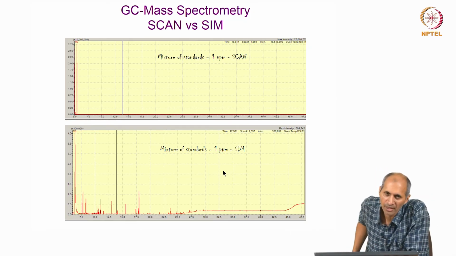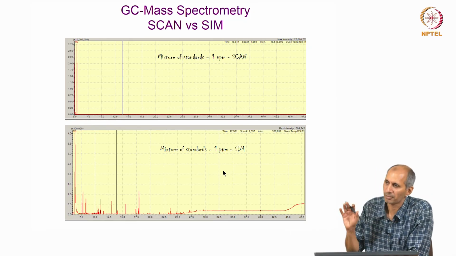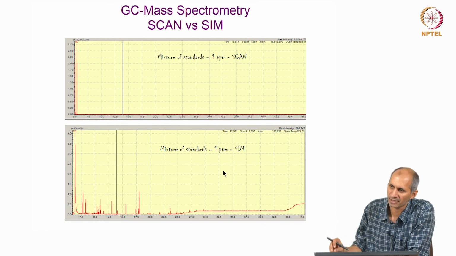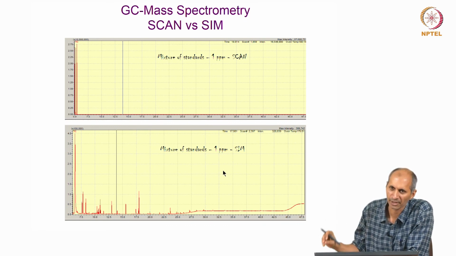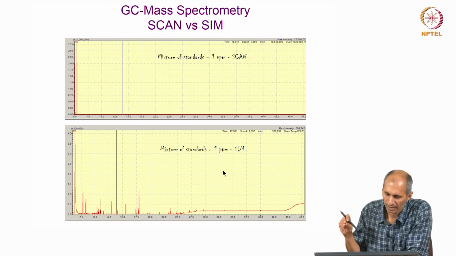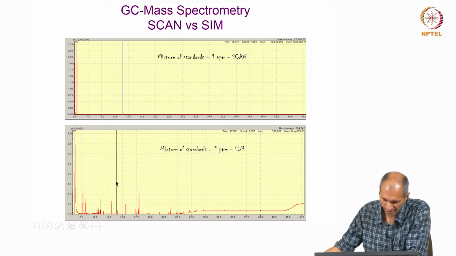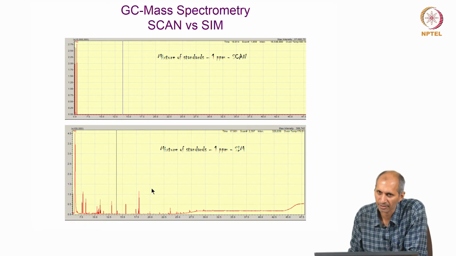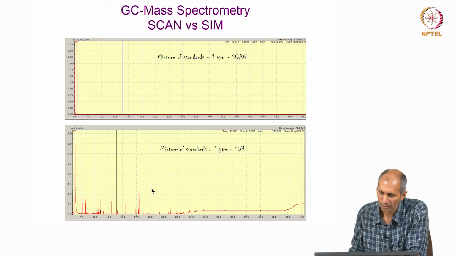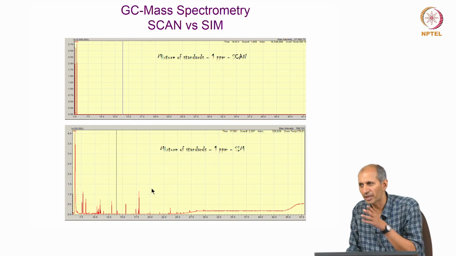The objective will be, I am looking for PAHs, I am looking for pesticides, I am looking for polychlorinated biphenyls, I am looking for a specific class of compounds, alkanes. And then you have to program the system to look for only those ions, those mass by charge, m/z. So you have to go to the original spectra and pick the mass by charge.